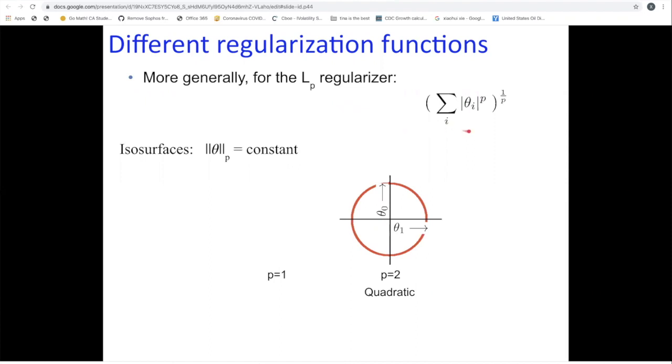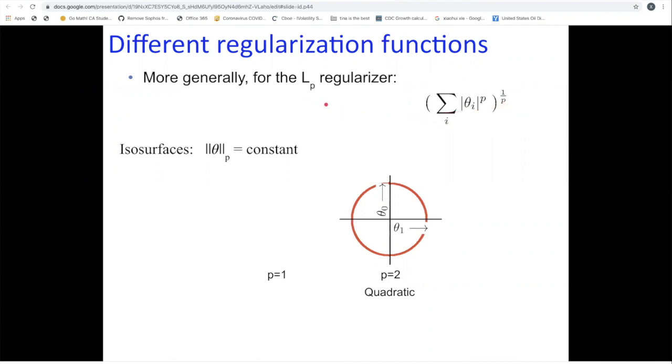In calculating the LP norm, you take absolute values of each individual component, take the power of p, sum them, and take the 1 over p power. This is called an LP norm. This norm is valid as long as your p is greater than or equal to 1. So then this will be a valid norm function.